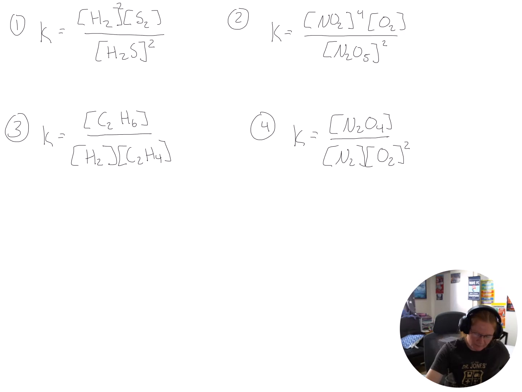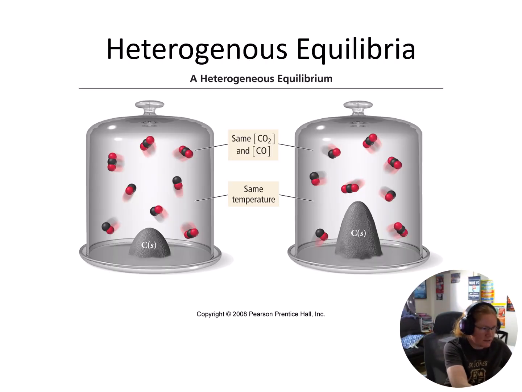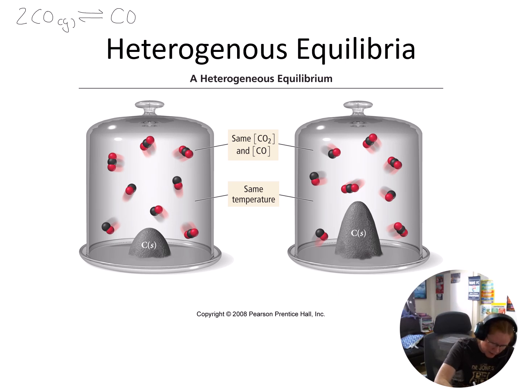Okay. All right, now, when we do have heterogeneous systems, so the last ones were all homogeneous, everything was the same. When we do have something that's heterogeneous, I've got a reaction going here where I've got 2 carbon monoxide decomposing to carbon dioxide and solid carbon.